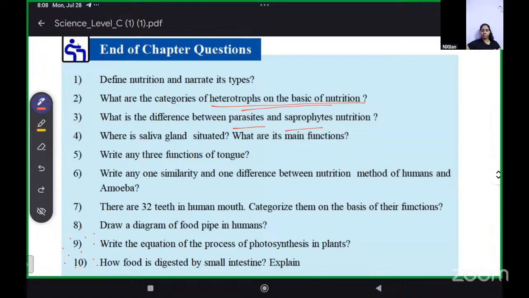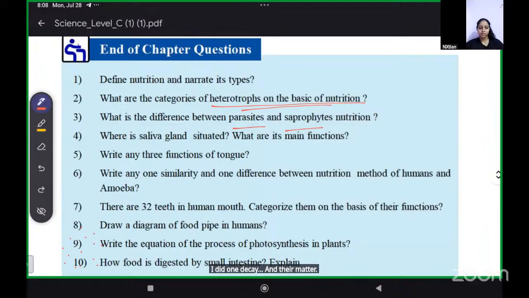Ma'am, parasites get nutrients from a living host and saprophytes feed on dead and decaying matter. Say again, Emma, I couldn't hear you. Ma'am, can you hear me now? Yes. So parasites get nutrients from a living host and saprophytes feed on decayed and dead matter.